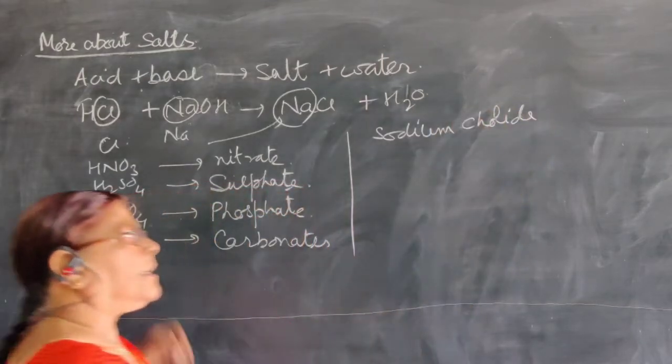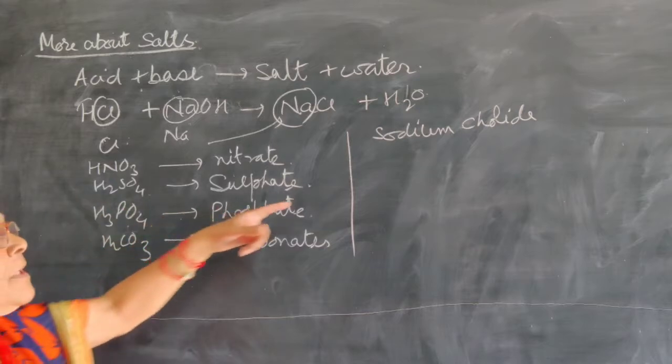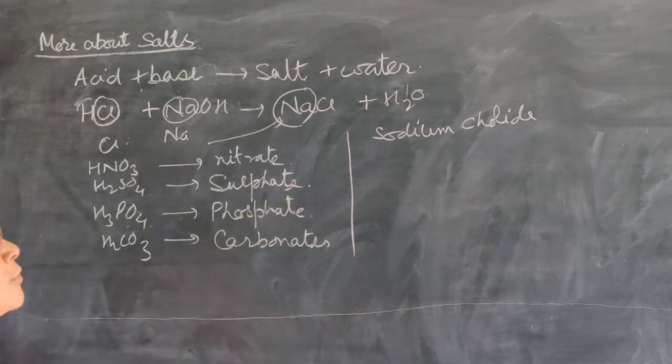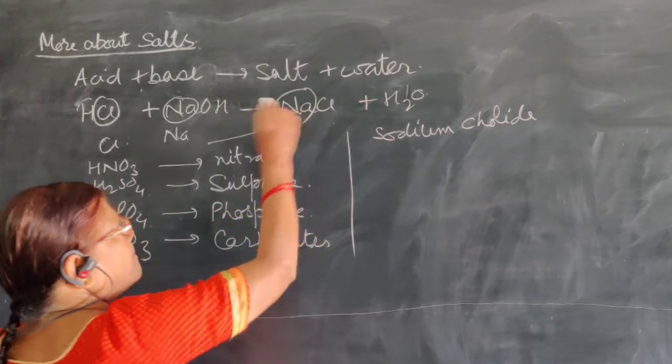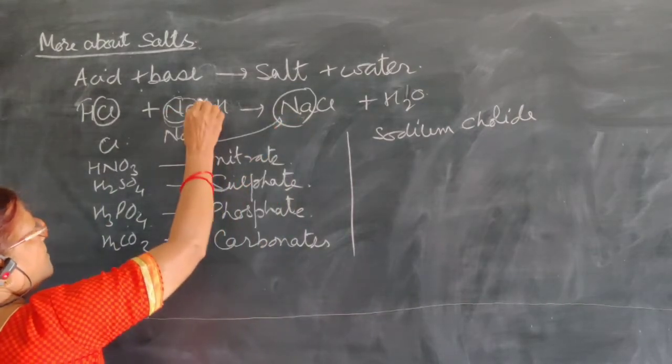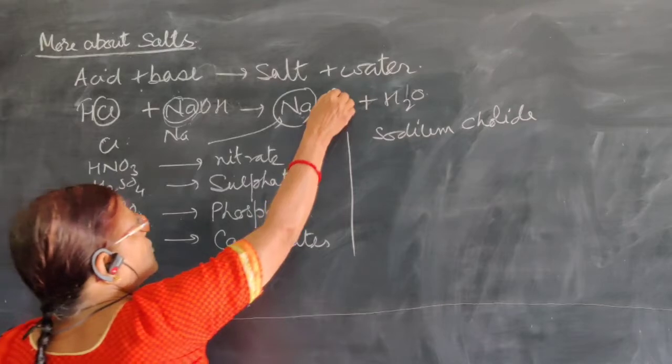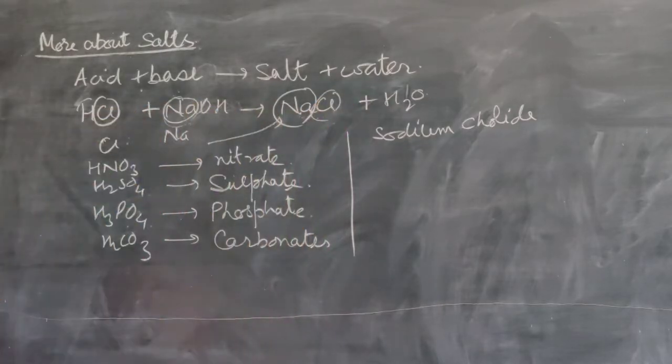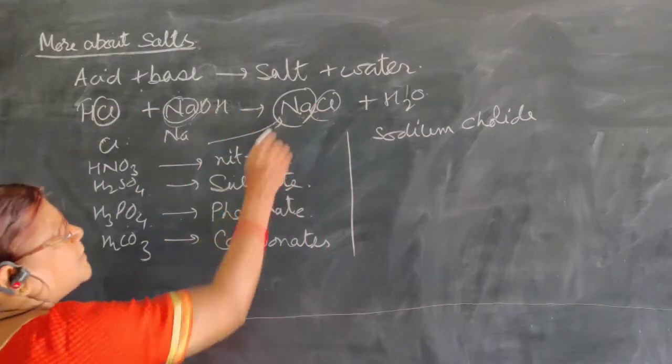First we write the name of the cation, and afterward the name of the anion. The salt contains one part of the base, sodium, and the chloride is the part of the acid. When these two combine, you get salt.